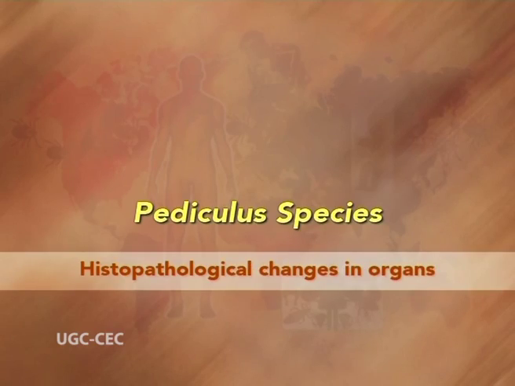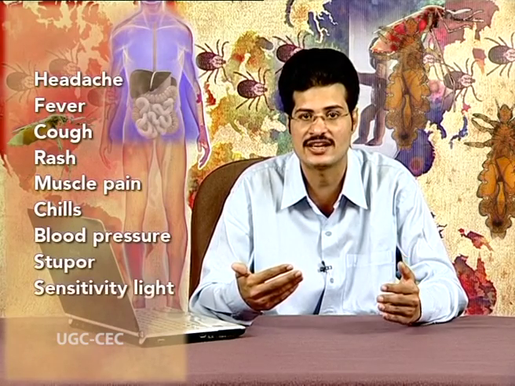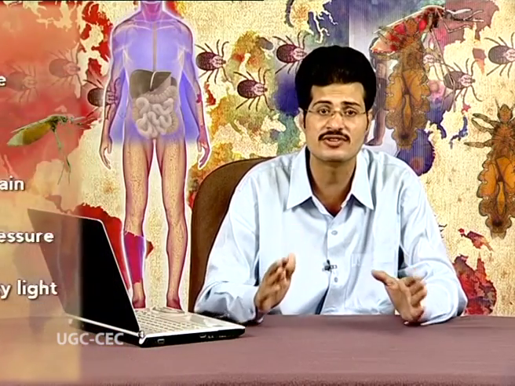Histopathological changes in organs. Besides headache, sustained fever, cough, rash, severe muscle pain, chills, falling blood pressure, stupor, sensitivity to light and delirium, if not death, it may cause a severe disorder and dysfunction of the circulatory system, and a fatal disease called Brill-Zinsser may occur, with disorder and dysfunction in lymph nodes as well.